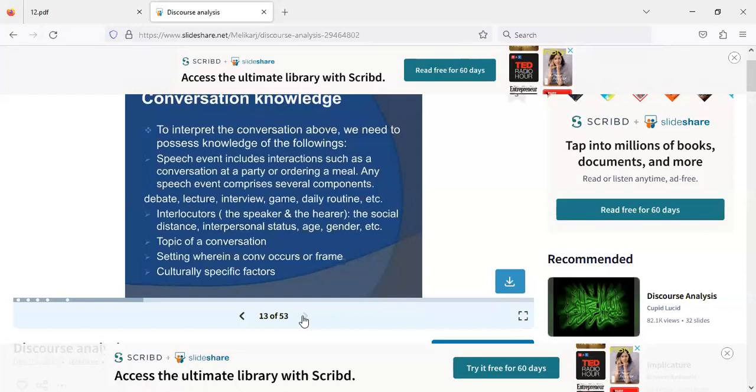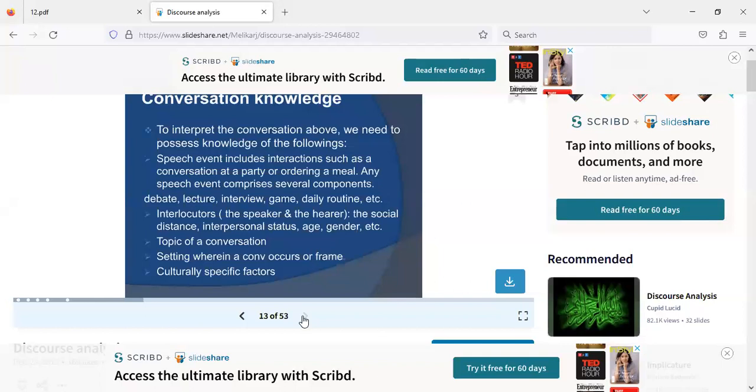There are many, like public speeches, right? Then again, we need to think about the interlocutors, the speaker and the hearer. The social distance, then interpersonal status, the people with whom you are dealing, their social roles, age, and also gender. These things we would consider when we analyze a conversation.